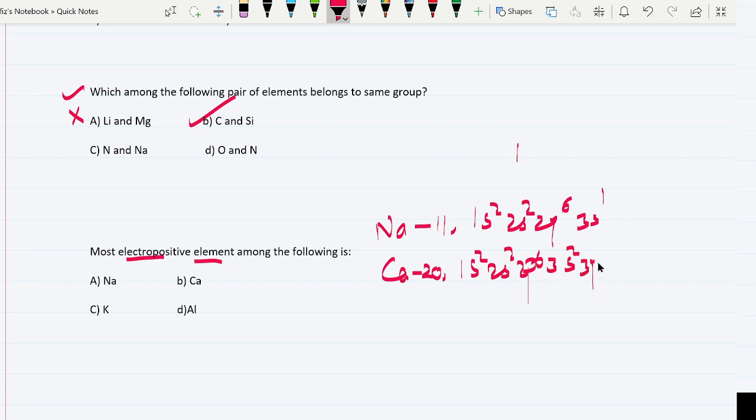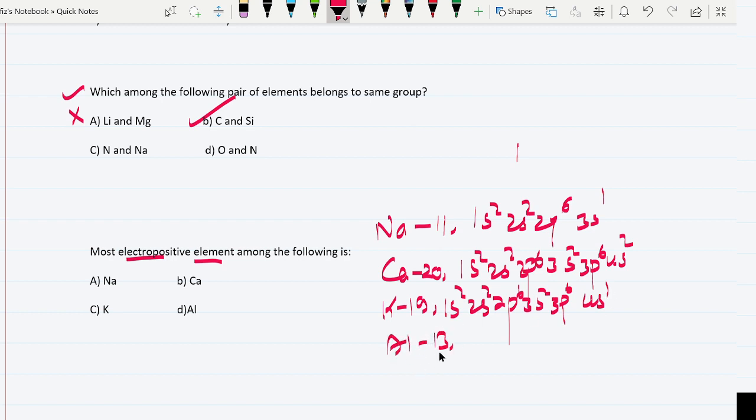3s2, 3p6 and 4s2. Now potassium with atomic number 19 has the configuration 1s2, 2s2, 2p6, 3s2, 3p6, 4s1. And the last one, aluminium with atomic number 13.